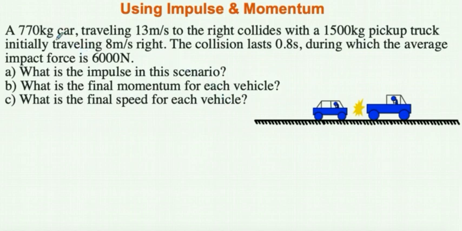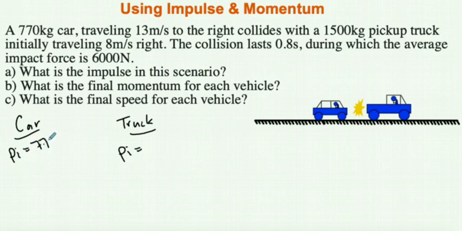Okay, so let's see what we can do here. Okay, so let's find our momentum for the car, and then the momentum for the truck initially. Car here, and truck here. Initial momentum for both of these. So for the car, we're going to have 770 kilograms times 13 meters per second.